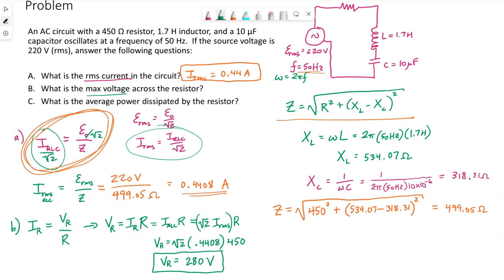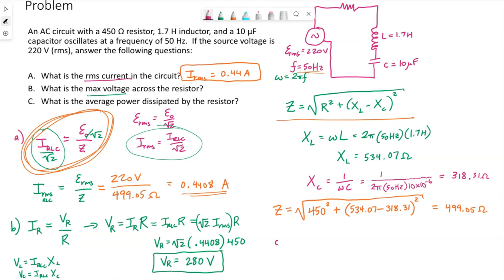That would be the peak voltage the resistor would experience, the amplitude of the voltage across the resistor. We could easily find the peak voltage across any element. The peak voltage across the inductor would be the peak current in this circuit times the inductive reactance. The peak voltage across the capacitor would be the peak current times the capacitive reactance. So we can go back to any of them individually to look at their voltages.